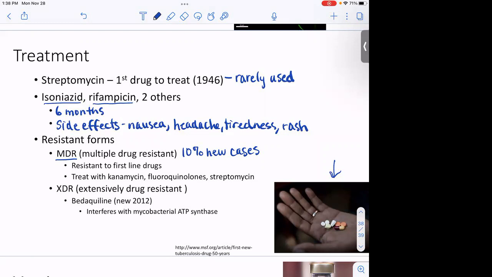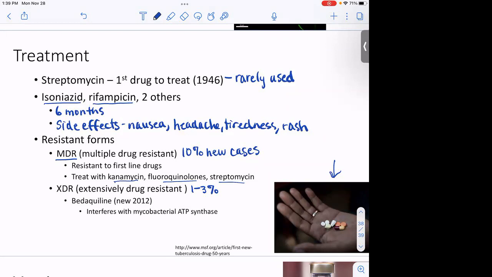So we have to come up with other things that maybe have even worse side effects, and maybe we have to take them for 9 months or 18 months. It's a long process. About 1 to 3% of new tuberculosis diagnoses are of multiple or extensively drug resistant, or XDR strains. So that means we're pretty much running out of things that might help.